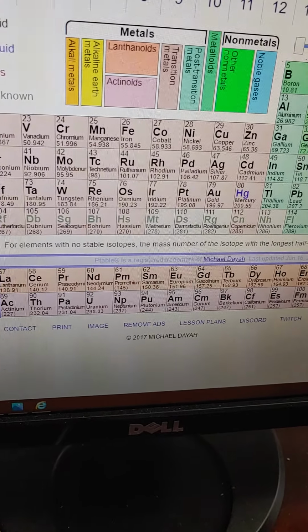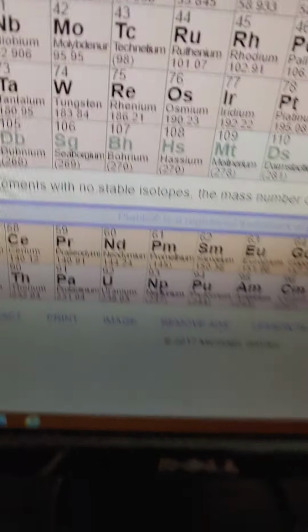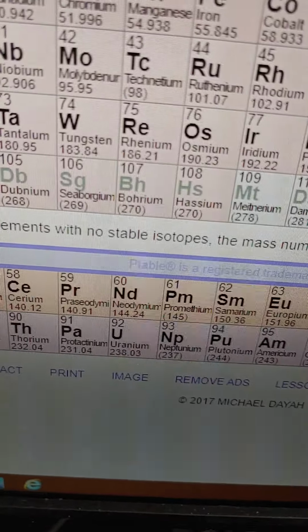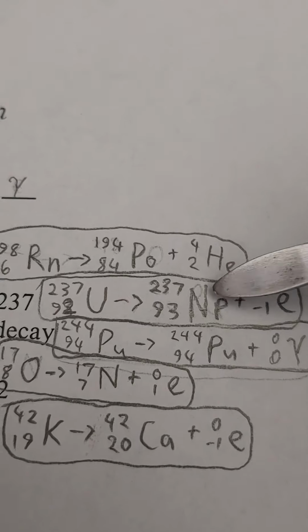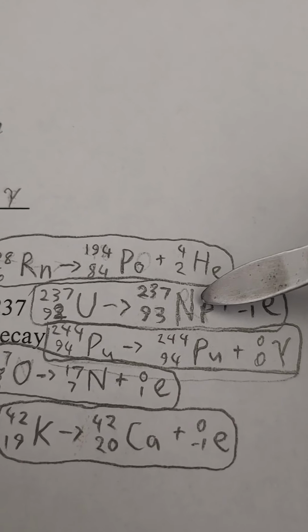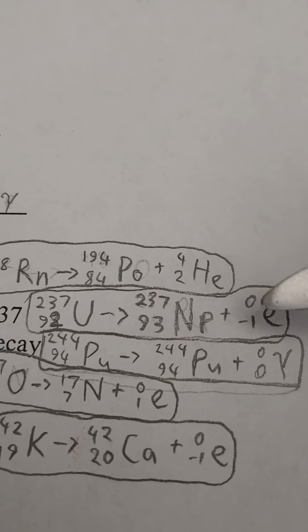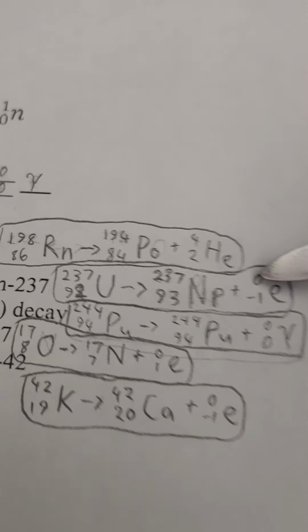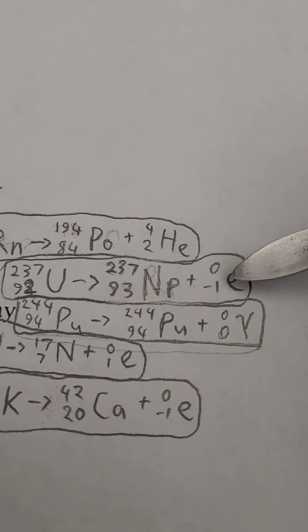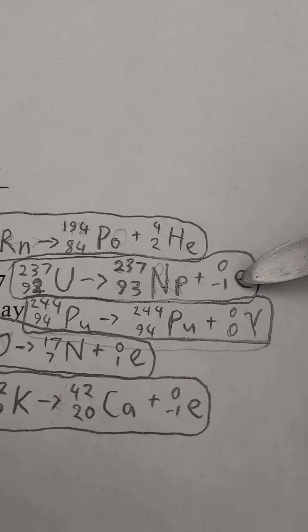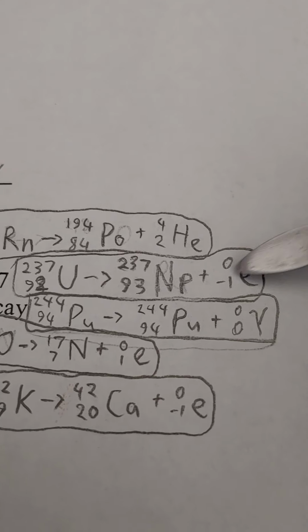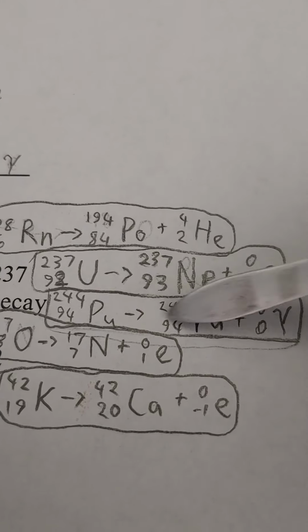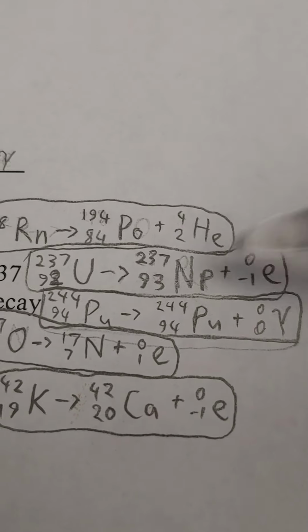So it turns into neptunium, which has an atomic number of 93, which we can see here, and there's the beta minus decay. And so this is the answer.